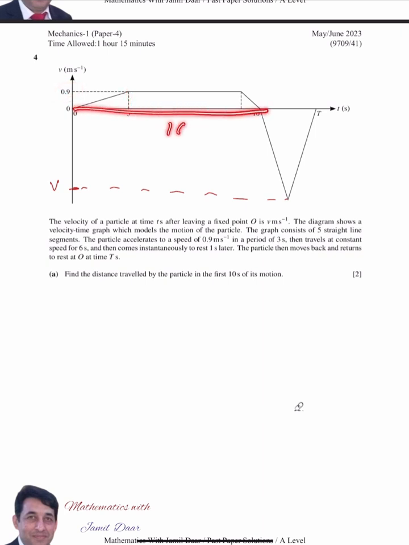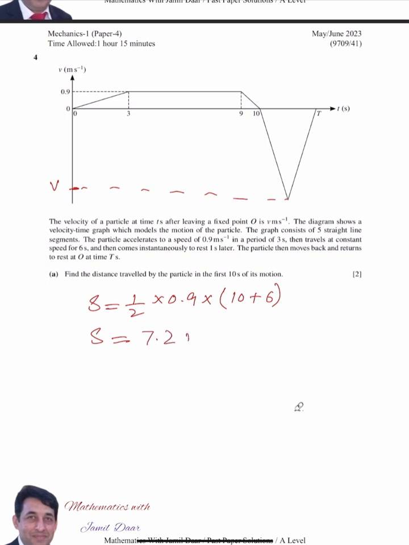Parallel sides, this is 10, and this is from 3 to 9, this is 6 seconds. The distance traveled is S is equal to 1 over 2 into height 0.9 into sum of parallel sides, 10 plus 6, and this is 16 divided by 2, that will become 8, 8 9s are 72, 7.2 meters. So this is the answer of your first part A.